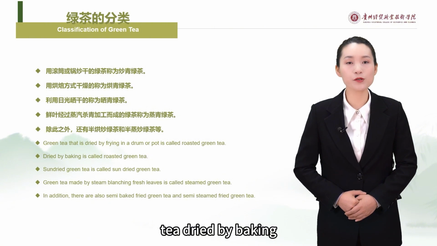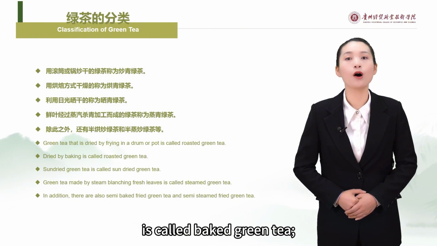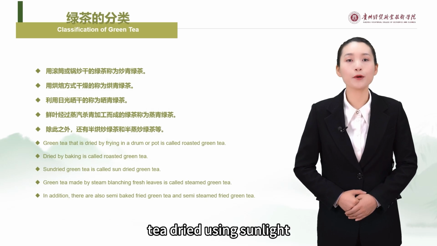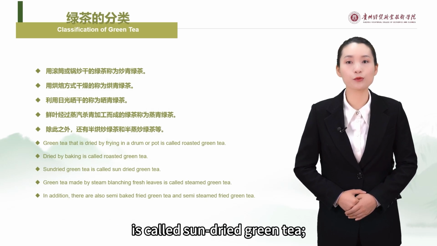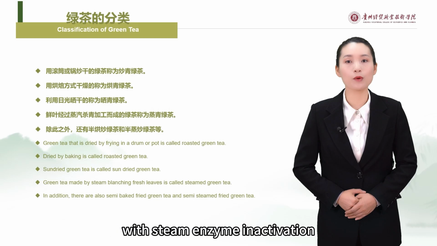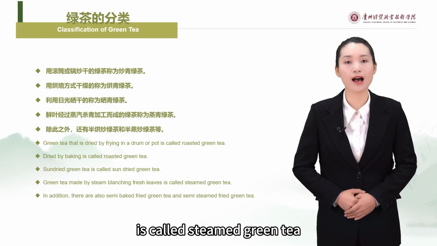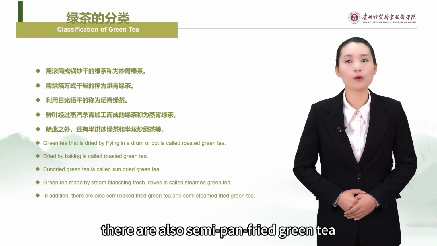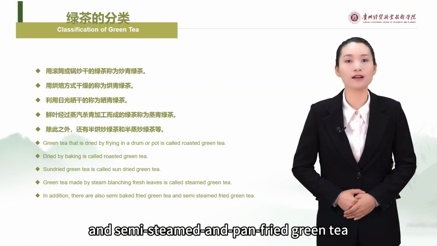Tea dried by baking is called baked green tea. Tea dried using sunlight is called sun-dried green tea. And green tea made from fresh leaves processed with steam enzyme inactivation is called steamed green tea. In addition, there are also semi-pan-fried green tea and semi-steamed and pan-fried green tea.